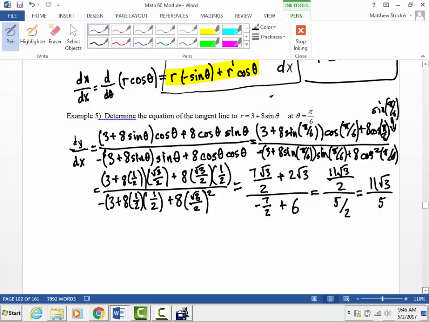What do we do now then? Because we didn't just want the slope. That's m, right? What else do we need though? We need y equals mx plus b. We need a point though. We have theta as pi over 6.